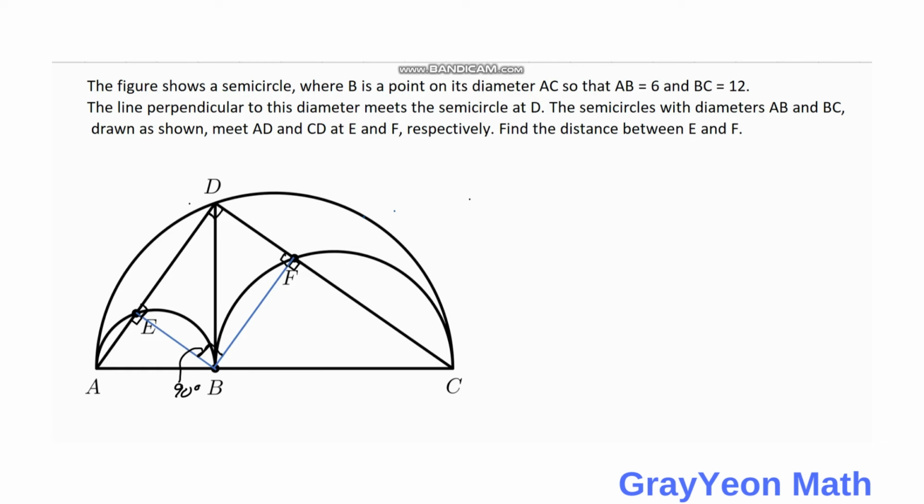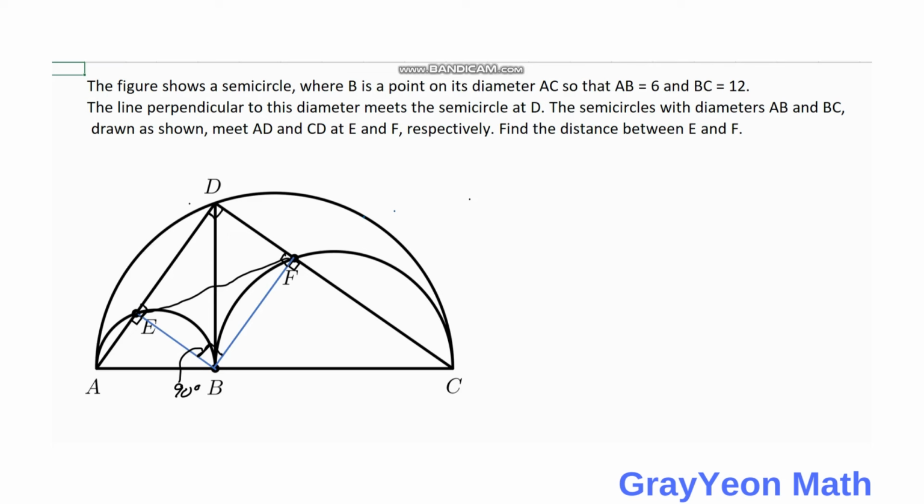Next, we need to notice that if we draw a line from E to F, this is also a diagonal of the same length as DB, because DB and EF are the diagonals of this rectangle.